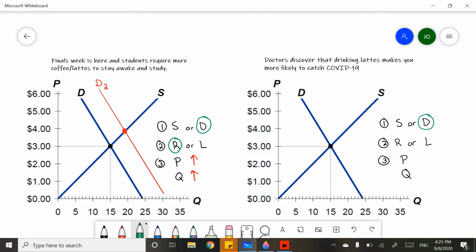Now, many students think this is a supply issue, but we have to remember that just because something is unhealthy for you doesn't mean that producers or firms will stop producing it. Think about beer or tobacco products.